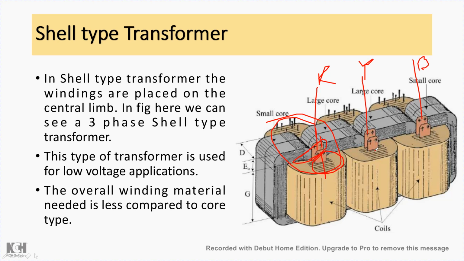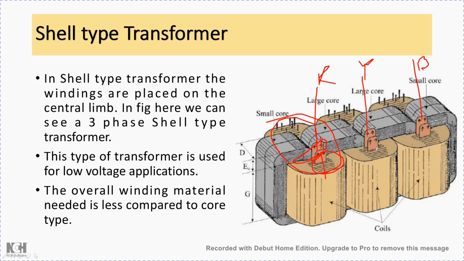Another advantage is that the material required for winding will be less in shell type transformers compared with core type transformers. Therefore, with the same amount of material, shell type transformers can be used for a higher kVA rating compared with the core type.